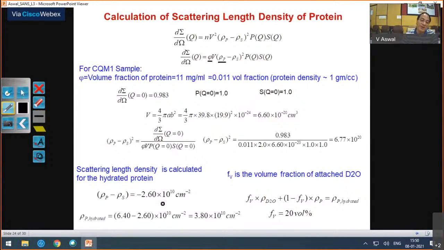So it is different from the non-hydrated protein, which comes around 3.8 into 10 to the power minus 6 per angstrom squared. Water is attached to the protein, and that comes out to be 20% water attached to the protein. So this term and any unknown thing on the right hand side of these expressions can be obtained.